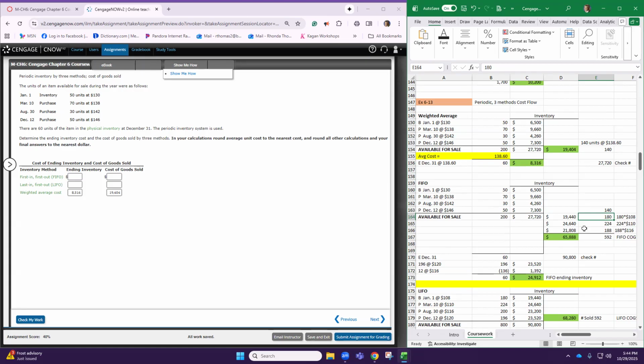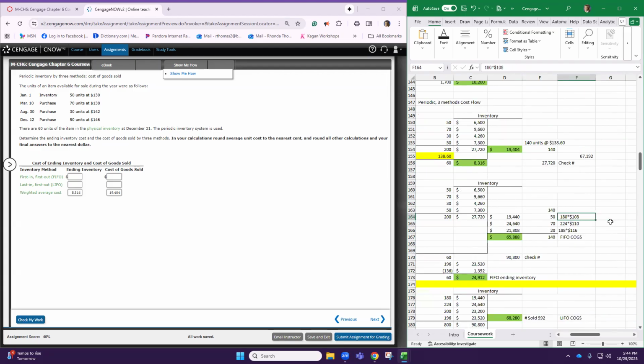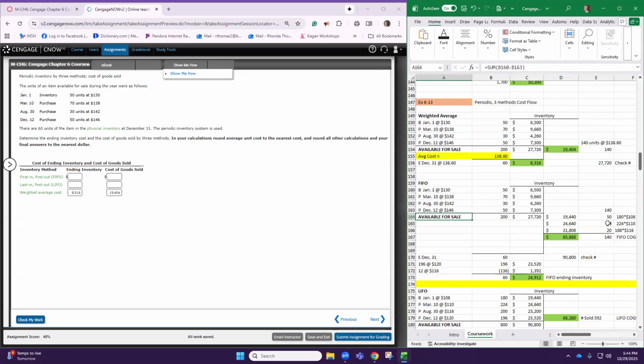Now I need to change these prices. Okay, the prices are, there are 50 units that we sold, right? There's 70 units. So 50 and 70 are 120, and then an additional 20 units. So there's how many we're selling. Now I've got to change the cost. Okay, the cost.